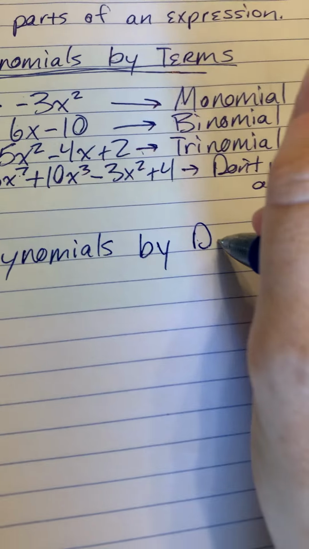I'm going to highlight that vocabulary word also. Degree is the biggest exponent. So first degree would mean that the biggest exponent is 1. So 6x plus 2 is first degree because the exponent on that x is a 1.